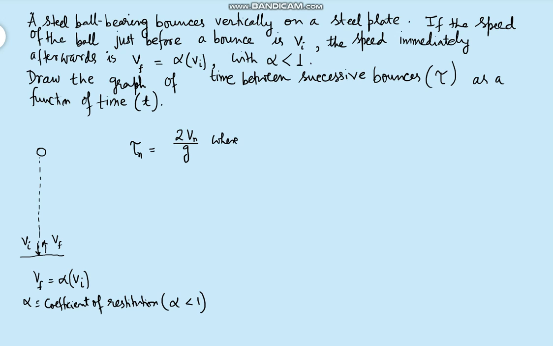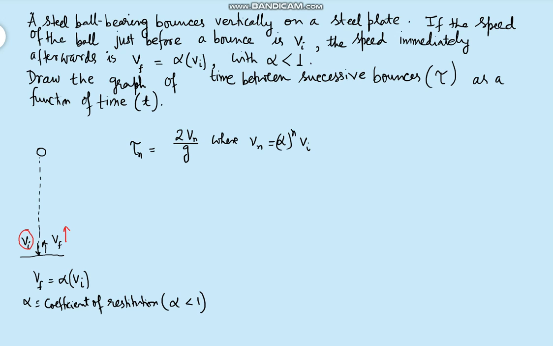Where Vn will be equal to alpha to the power n times Vi, because the first time it strikes the ground with a speed Vi and it moves up with Vf. So Vf after n times will be alpha to the power n times Vi, is it not?